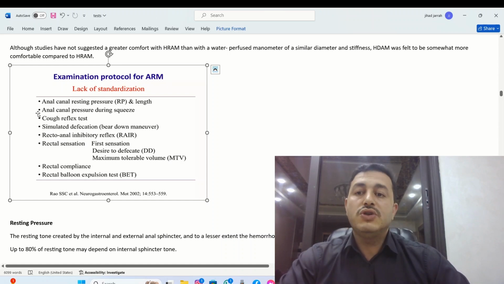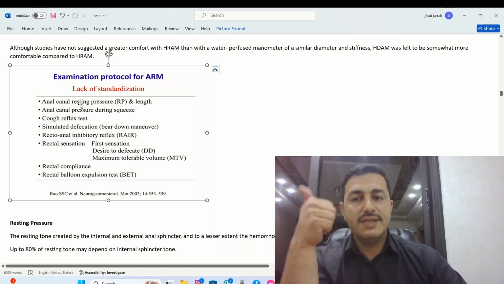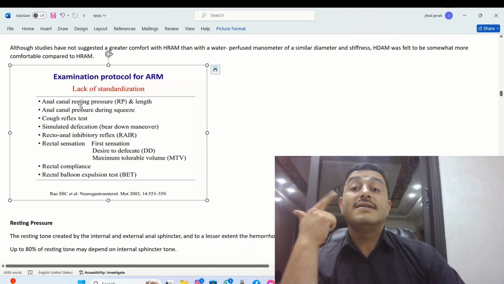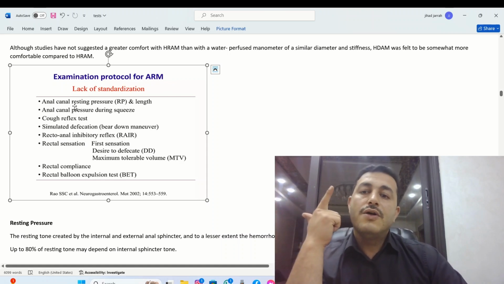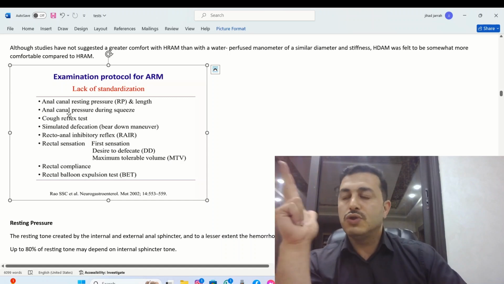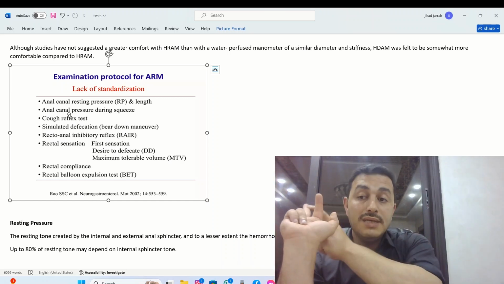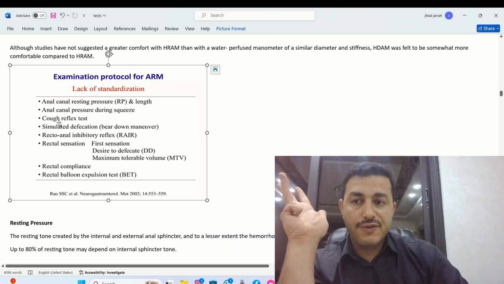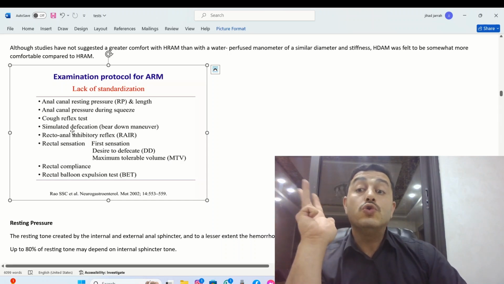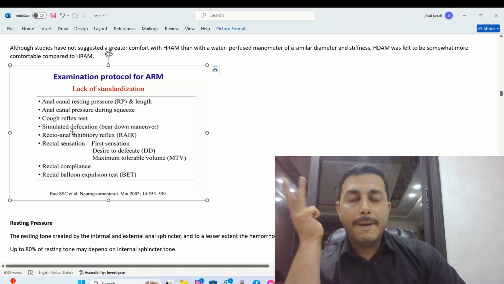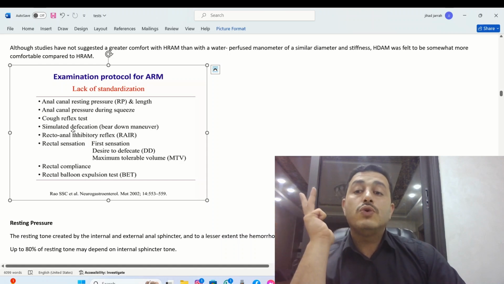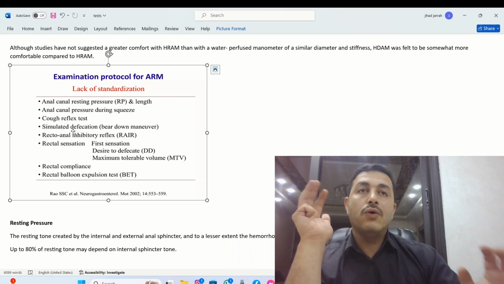But in general, when we do anal manometry we have to check the anal canal resting pressure, first of all. Second, the length. Third, the squeeze pressure. So, rest, length, squeeze, cough reflex. We have to detect what we call the simulated defecation or bear down maneuver.